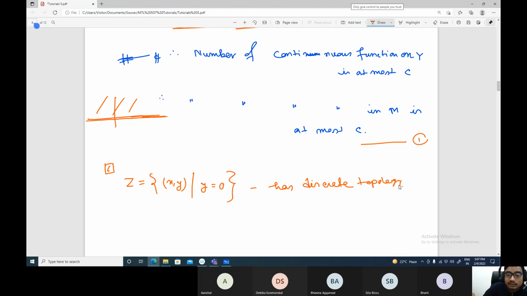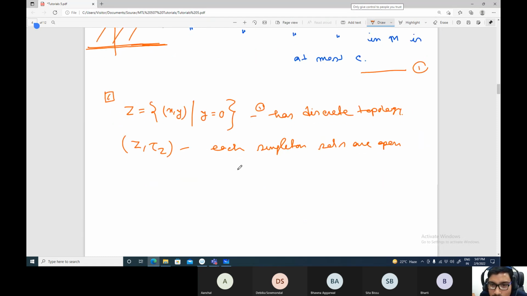It has discrete topology, first of all. Fine? Clear? Because if you consider the subspace topology tau Z, each singleton set is open. Fine?